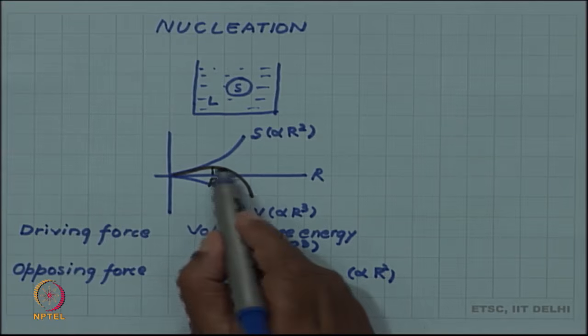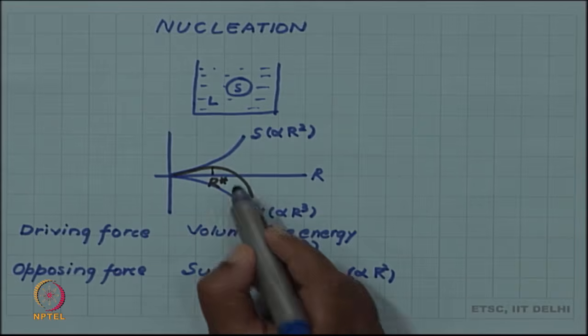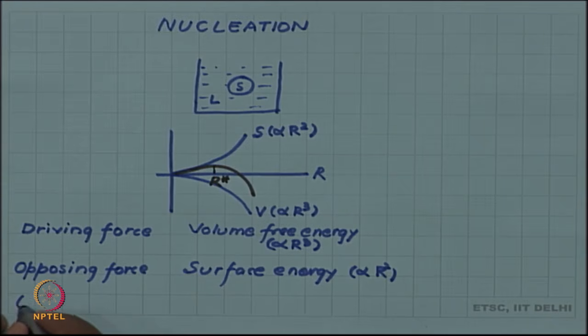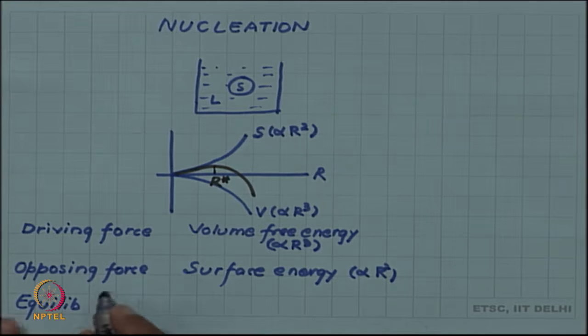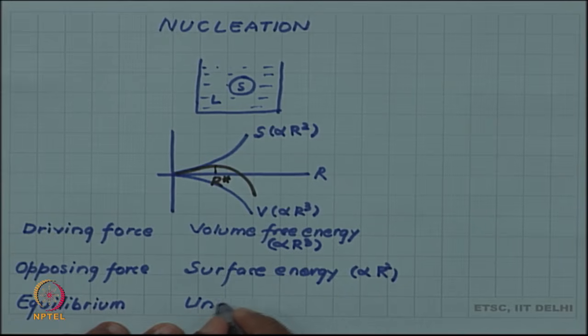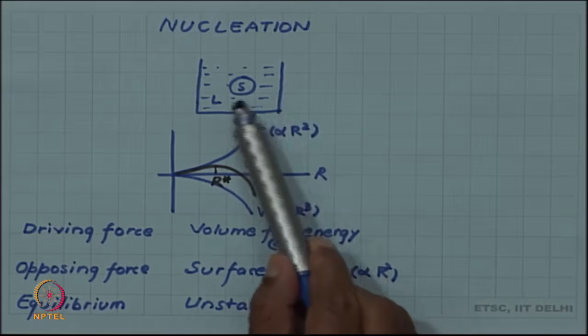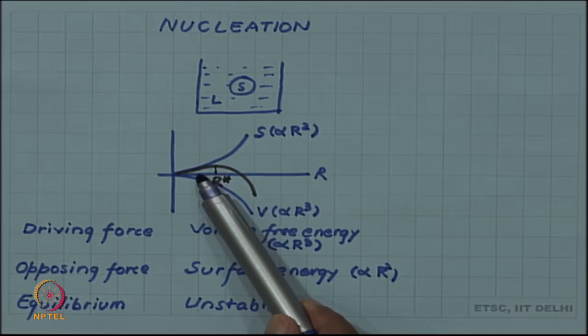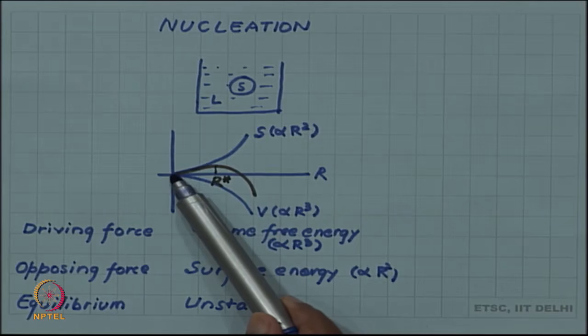And since R star corresponds to the maximum in the energy curve, we can consider this to be an equilibrium, but the nature of equilibrium is unstable equilibrium because you have a maximum of energy. If the critical nucleus of radius R star loses a few atoms and the radius decreases, then it will keep on decreasing so as to reduce the free energy, and it will dissolve.